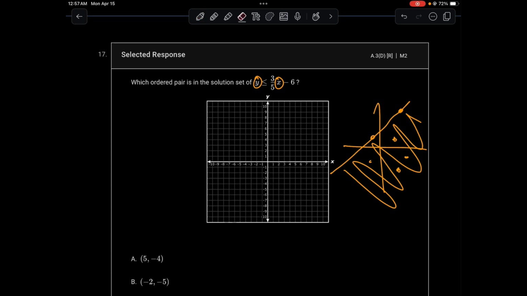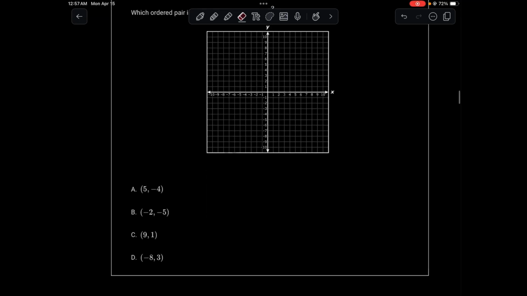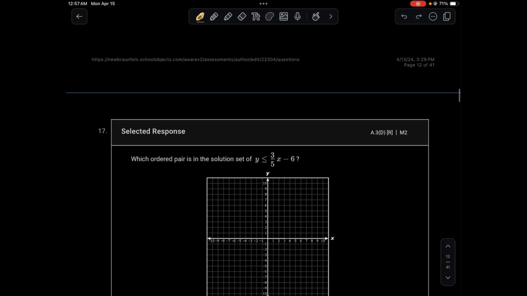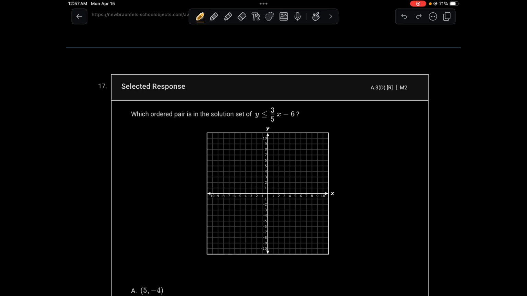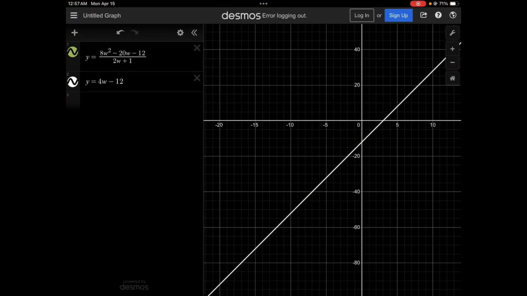Okay, and we're going to graph this, and then we're going to see where those points belong to. Okay, let's graph this. How do we graph it? We pretend there is no less than, and we graph it like it's equal, and then we're gonna shade below. Okay, so it's y equals 3 over 5x minus 6.